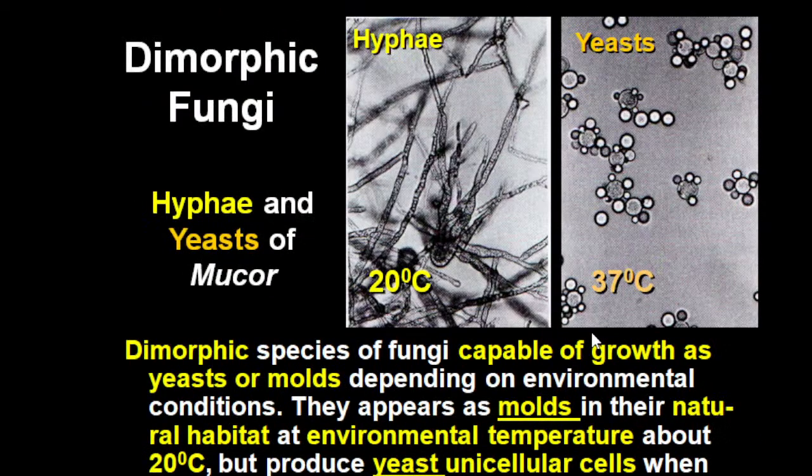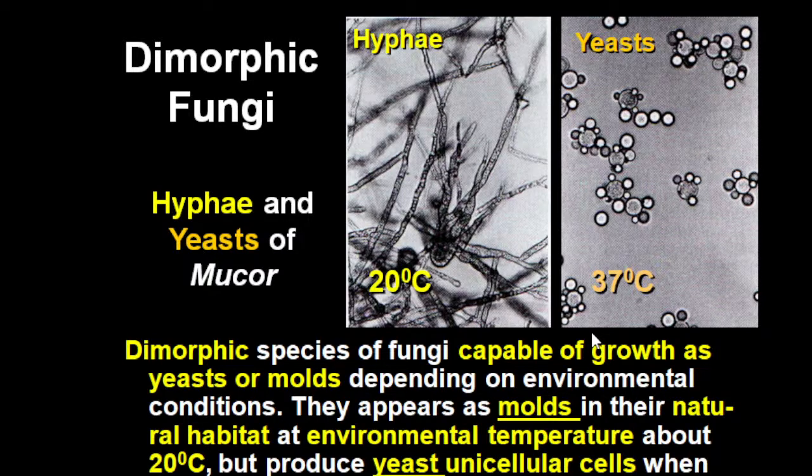But it's not that simple. We mentioned that we have yeasts and molds. But the thing is that we may have dimorphic fungi. What does it mean? It means that they may change the design of their body, the shape, the morphology of their body.